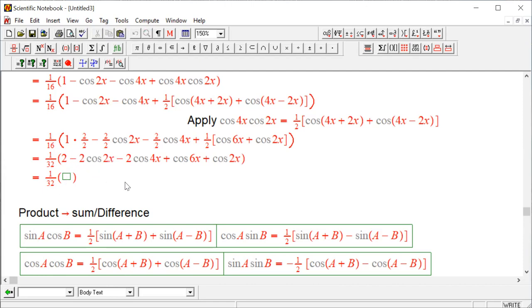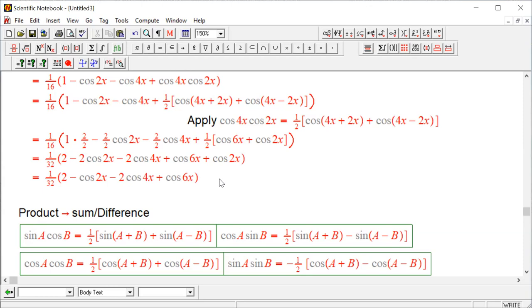And there's only one constant, so we're going to have 1. This is negative 2 cosine 2x. This is a positive cosine 2x. So we have negative 1 cosine 2x left. And the rest are standing alone. No more like terms. That's it. So that's finished.